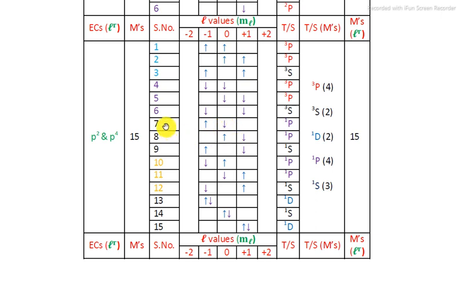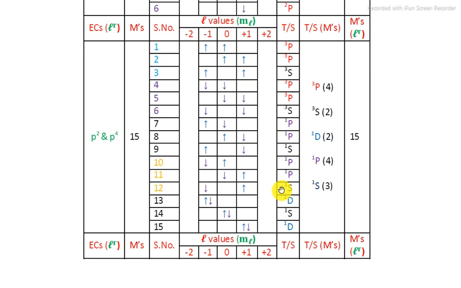Okay, from 7 to 12, the total spin in that subshell is 0. It means the total spin multiplicity is 1. From 7 to 12, the total spin multiplicity is 1 only.